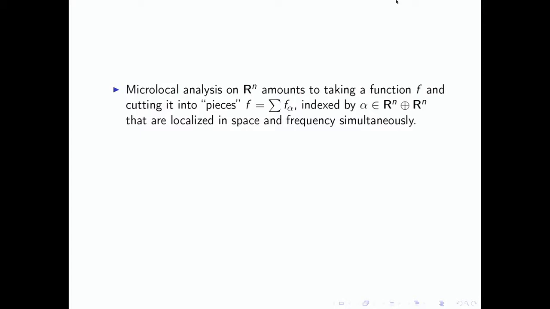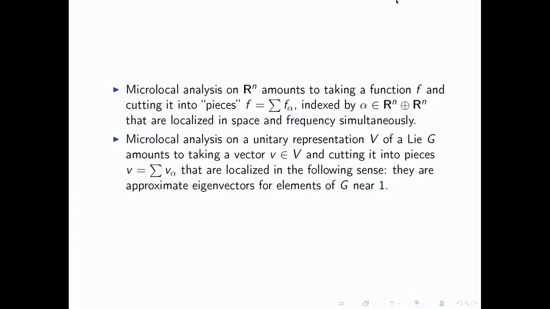So the theory of microlocal analysis gives you effective ways and applications of how to take a function and cut it up into these space frequency localized pieces. What we want to do is something which I could call microlocal analysis on a representation.